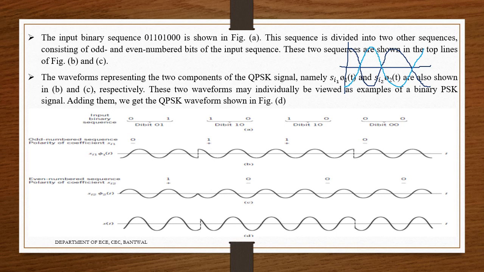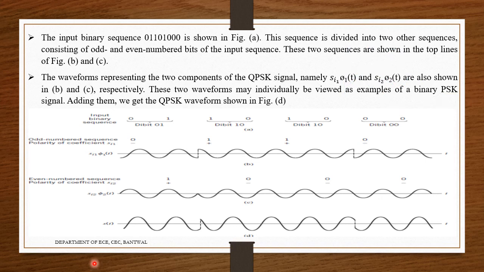Now for the sine wave, how will it be? If it is a plus 1, it will start this way. If it is a 0, it will go this way. So this is how we represent it here.